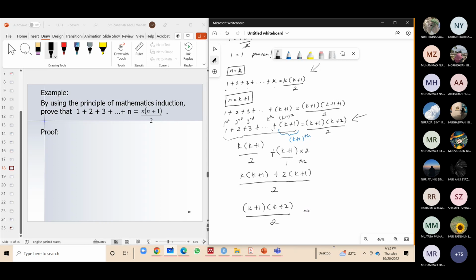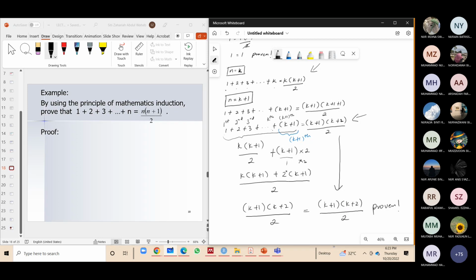And now we have proved that this left hand side is equal to this right hand side. K plus 1, k plus 2 over 2. So we prove it.